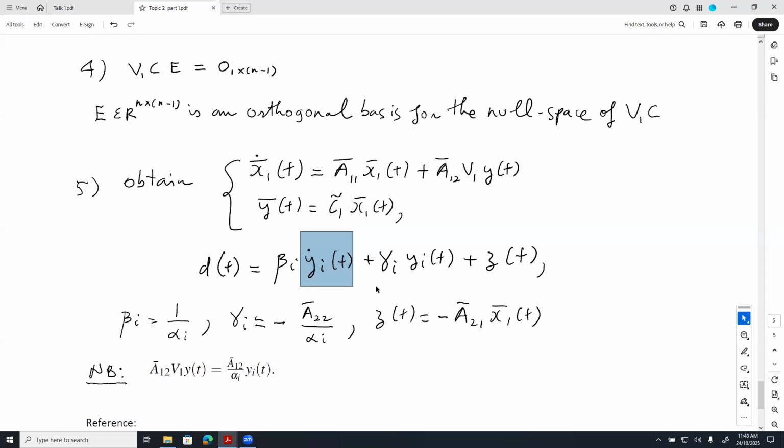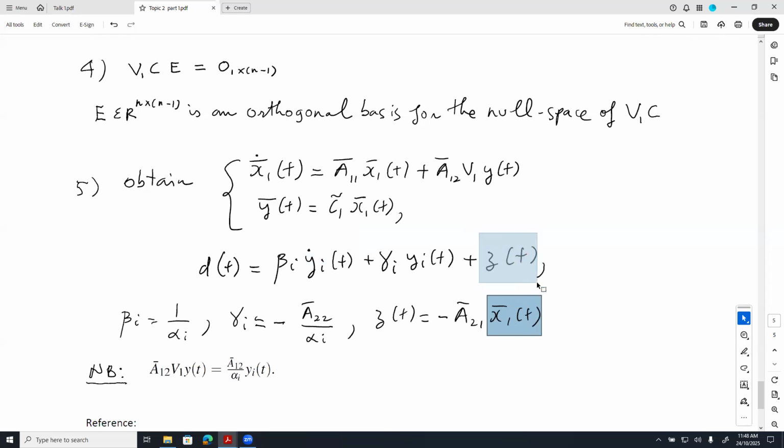In our approach, we use only one. And certainly, this is a linear function of the stack vector x bar 1 of t.